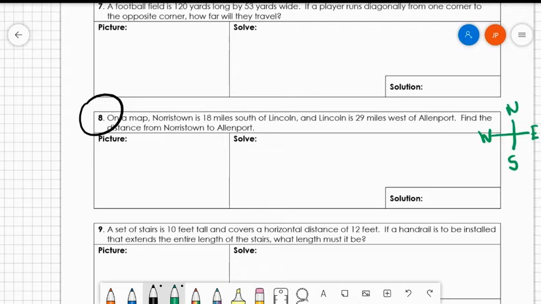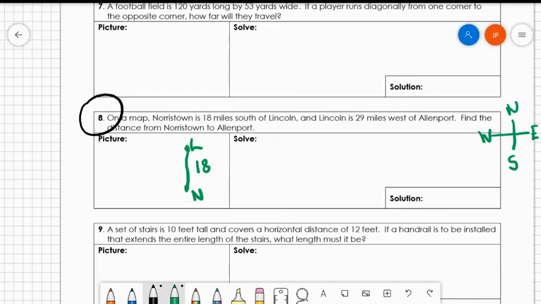So if they're telling me Norristown is 18 miles south of Lincoln, let's start at Lincoln. Lincoln's right here. If I go 18 miles south, so if I go down like my compass shows me, I'm going to get to Norristown. So they told me that's 18. They also said that Lincoln is 29 miles west of Allenport.